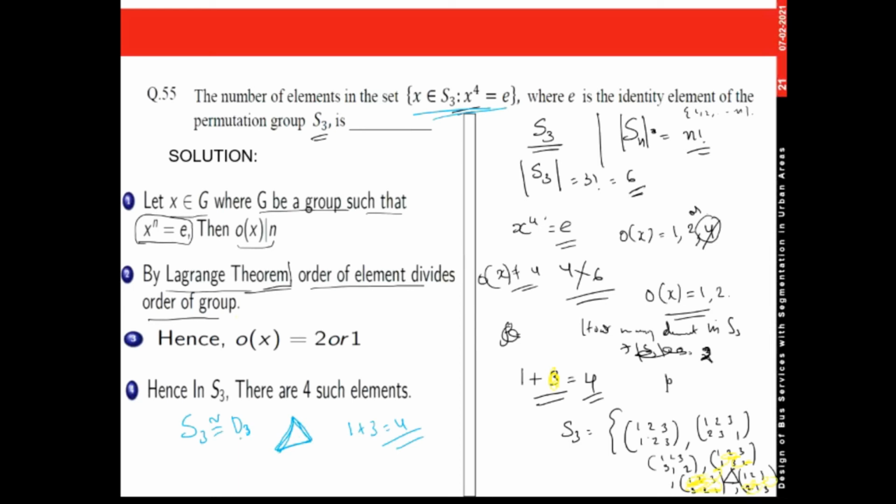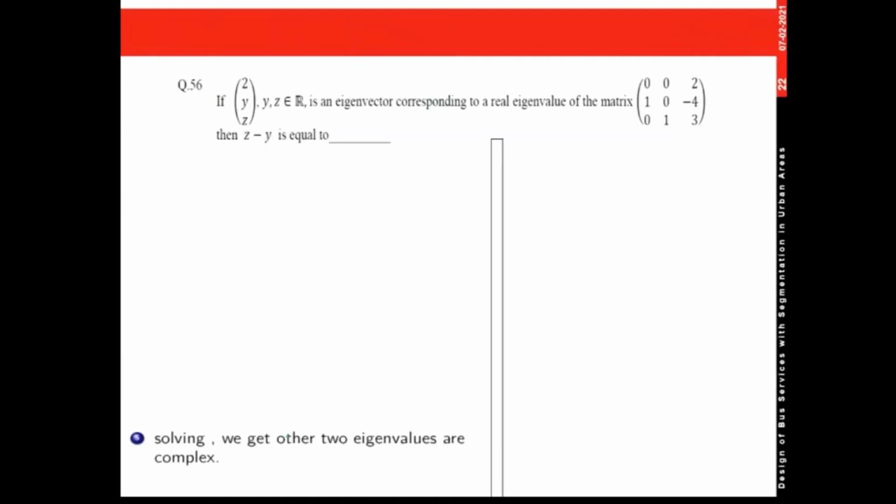So without going through all that, you can easily find, just by looking at these mirror images, which of the elements have order 2. The answer is 4. Now this is another very important problem, and this is from eigenvalues and eigenvectors.